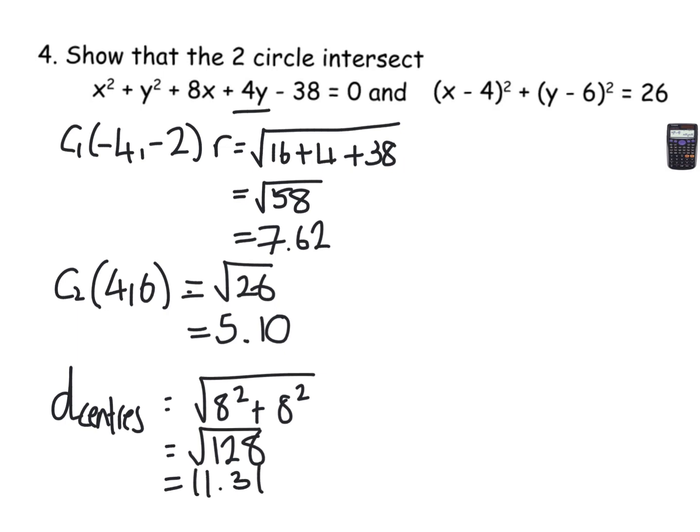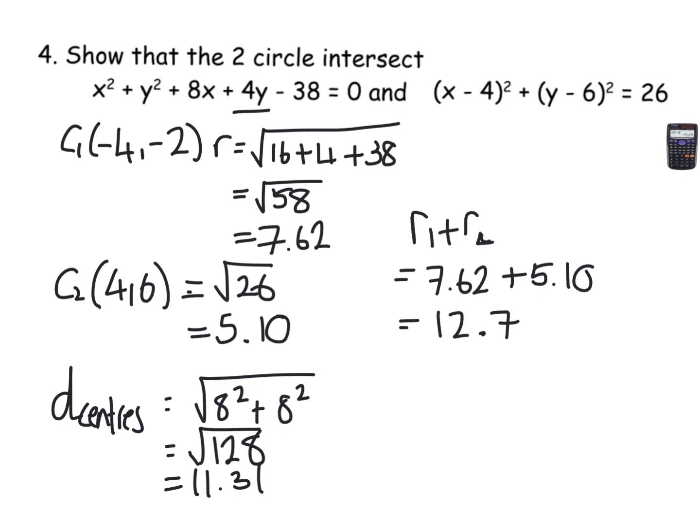Okay, so now the compare part. Radius 1 plus radius 2 will be 7.62 plus 5.10. So what's that? 12.72. So my distance between the centres is less.